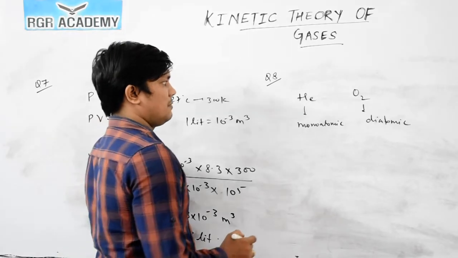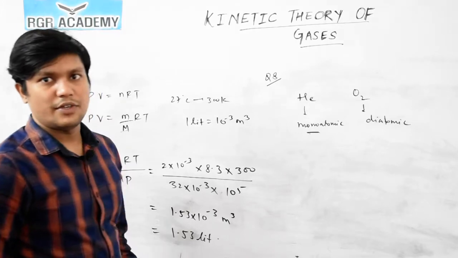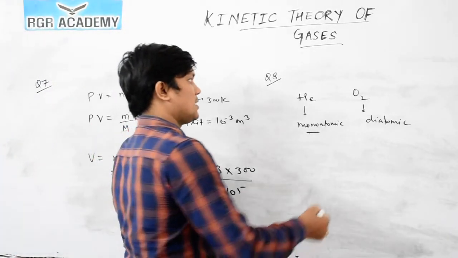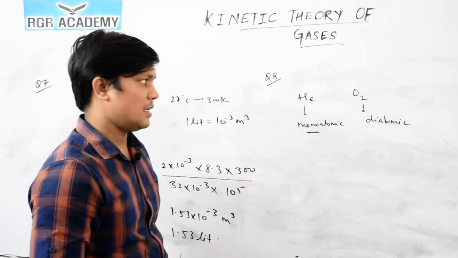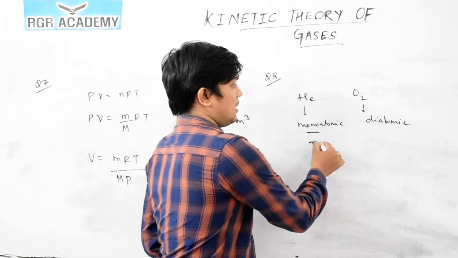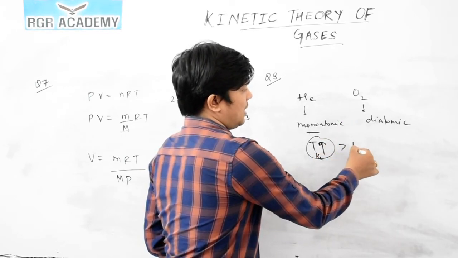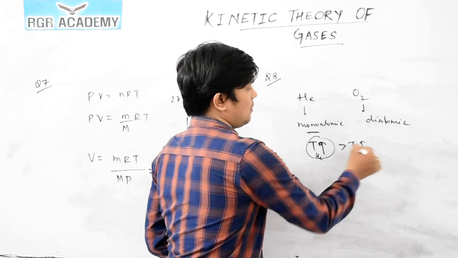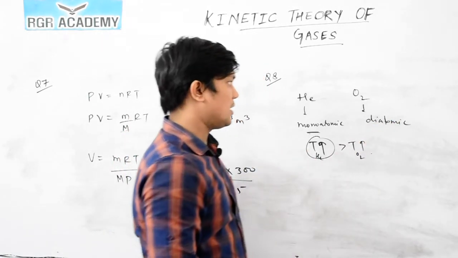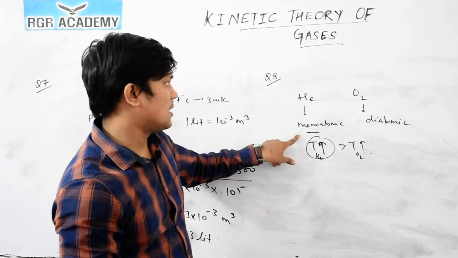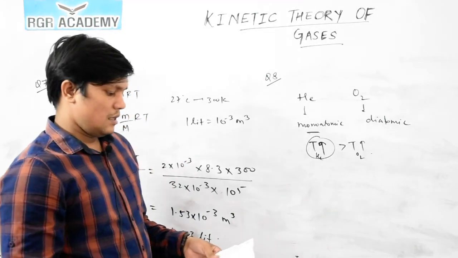So what will happen is, in monatomic gas only the translational degrees of freedom are there, but in this case translational as well as rotational degrees of freedom will be there. So the rise in temperature will be greater than in O2, because rotational degrees of freedom are also there. So in the case of monatomic gas, the change in temperature will be more.